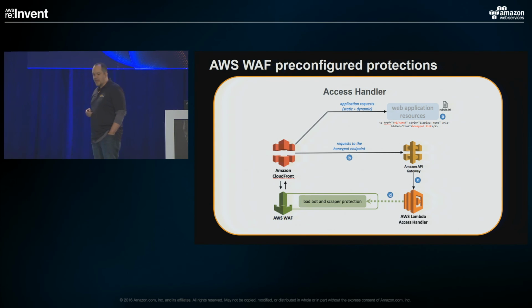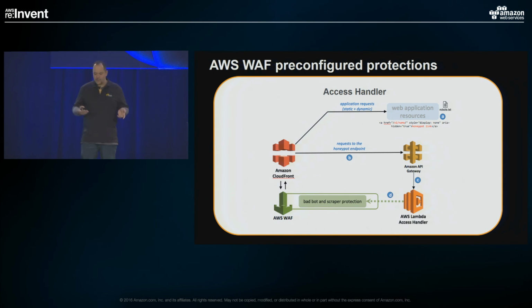So the first one is the access handler. The access handler is what protects you against the bad bots and scrapers. The way that this is implemented is through an API Gateway endpoint that you essentially embed within your web application. Once you've embedded it, you update your robots.txt file to explicitly disallow that particular endpoint.